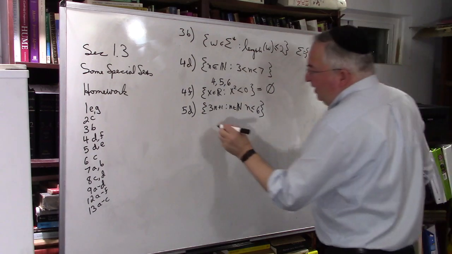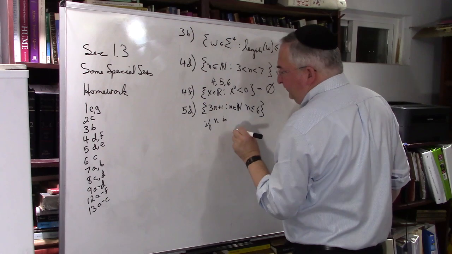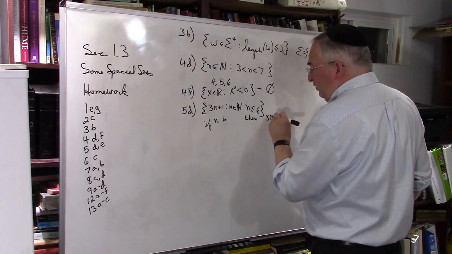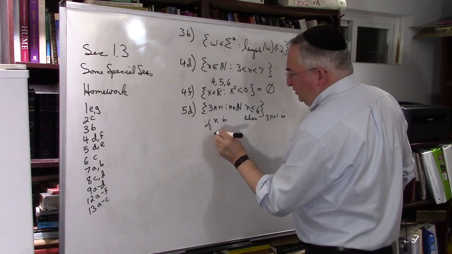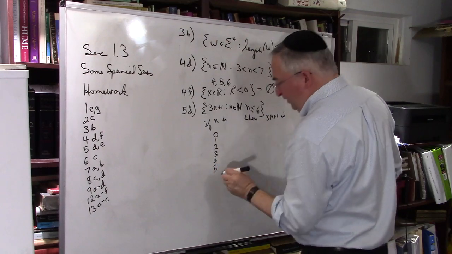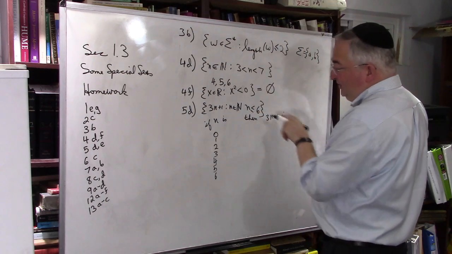So basically, if n is then 3n plus 1 is, okay, so let's do this. So 0, 1, 2, 3, 4, 5, 6. Those are the natural numbers up to 6.